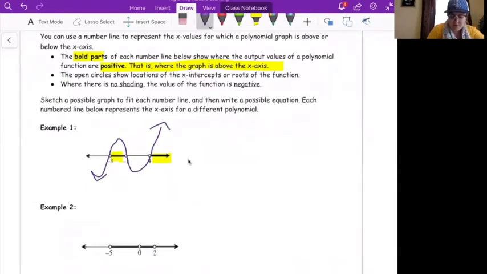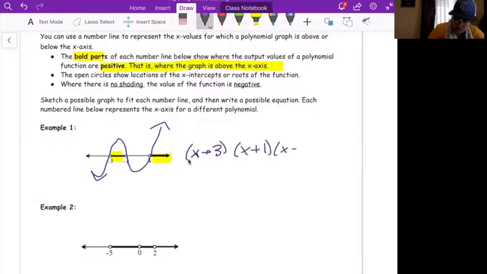Okay, so then if we want to write a possible equation, we know that our x-intercepts dictate what the factors are. So this would be x plus 3 and x plus 1, and then x minus 4.